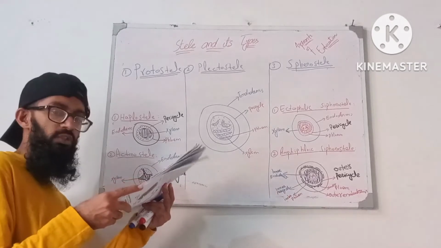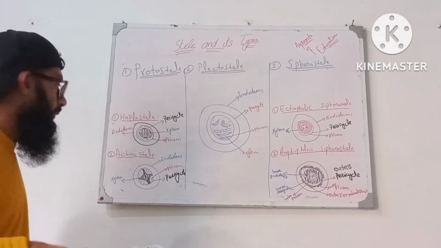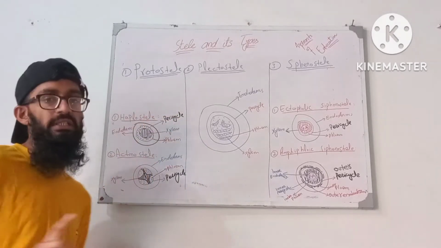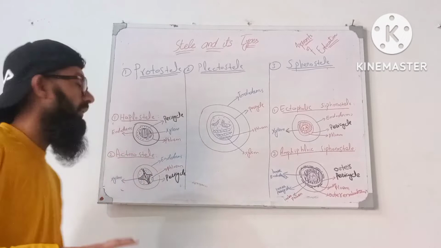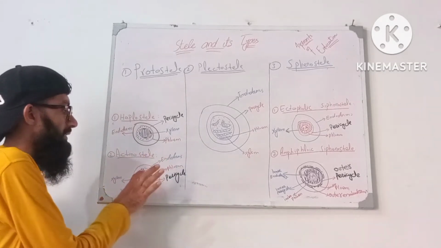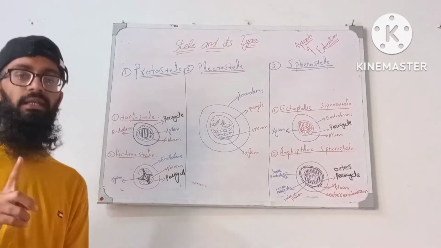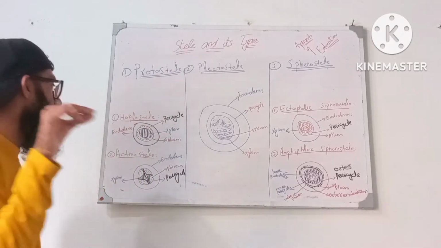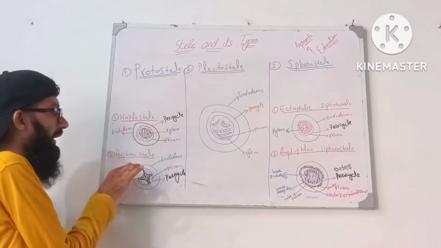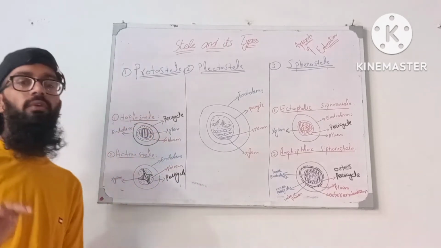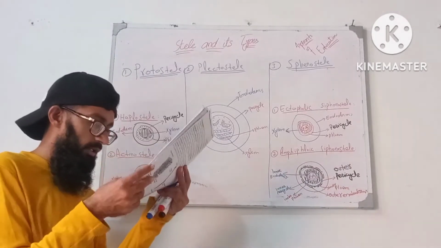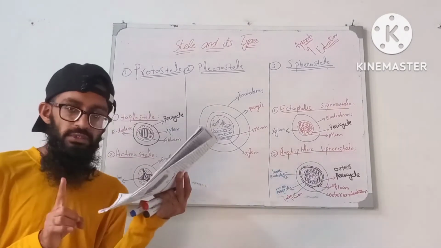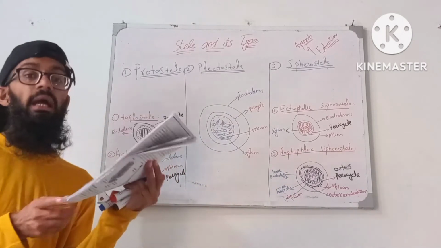There are two types of protostele. The first is haplostele and the second is actinostele. To tell the difference between these two types, keep in mind that in haplostele the xylem is smooth and rounded, meaning circular in form, and in actinostele the xylem core is in the form of a star. Haplostele is the protostele in which the xylem core is smooth and rounded.